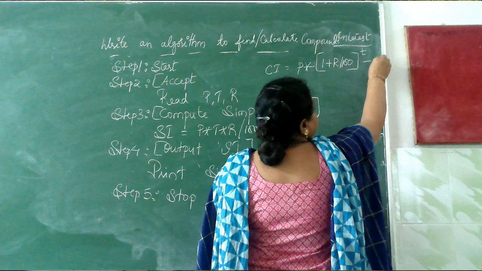And then we are outputting simple interest. That is how a computer outputs. It prints simple interest SI. Then we are printing stop. Hope you have understood this.